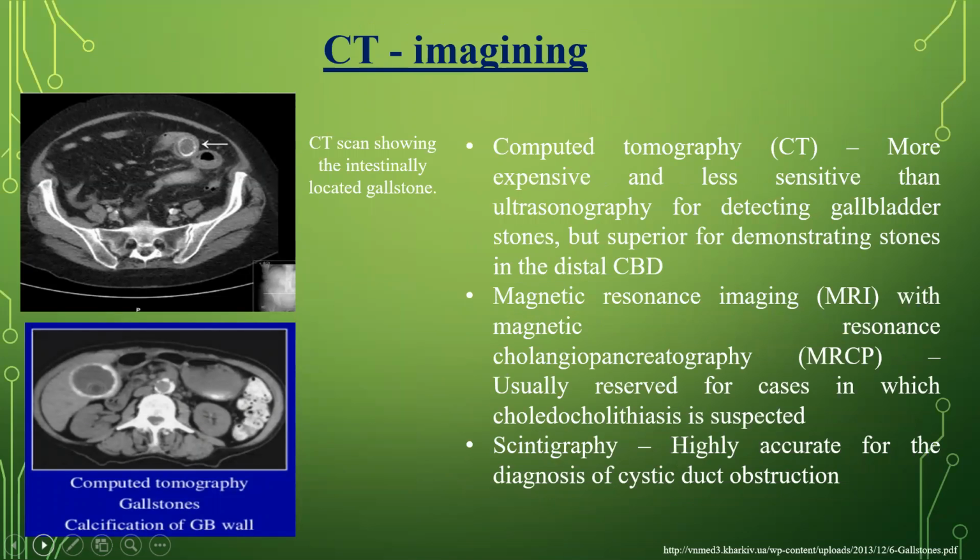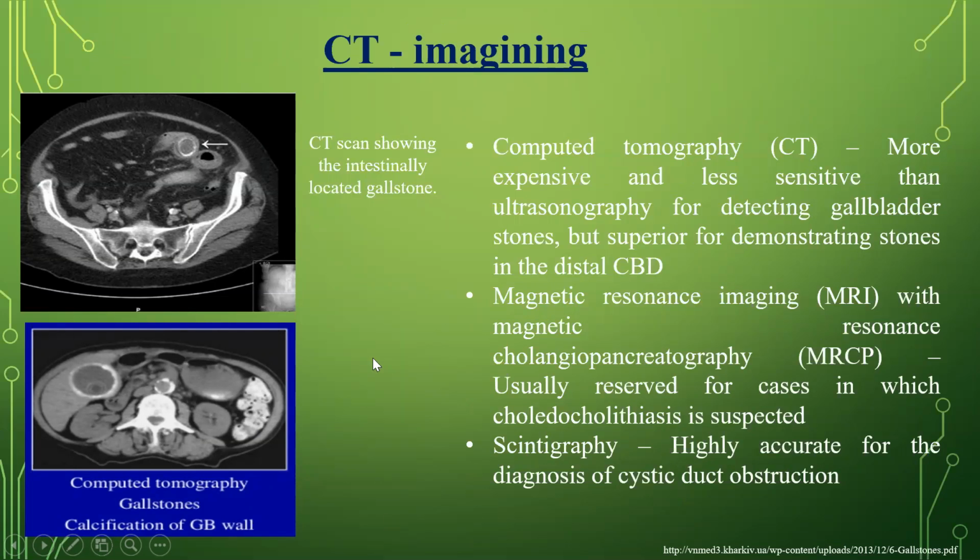CT imaging is more expensive and less sensitive for detecting stones, but superior for demonstrating stones in the distal bile duct system. Here you can see the appearance of a stone inside the intestine.